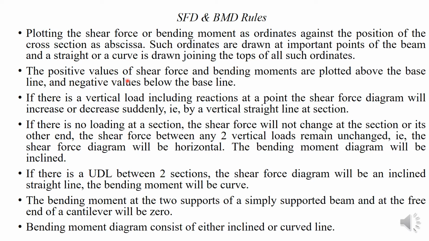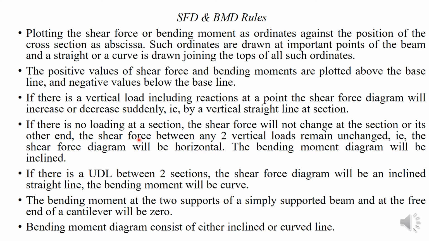The positive values of shear force and bending moment are plotted above the baseline and negative values below the baseline. If there is a vertical load including reactions at a point, the shear force diagram will increase or decrease suddenly, that is, by a vertical straight line at the particular section.